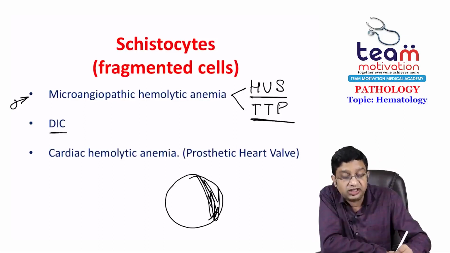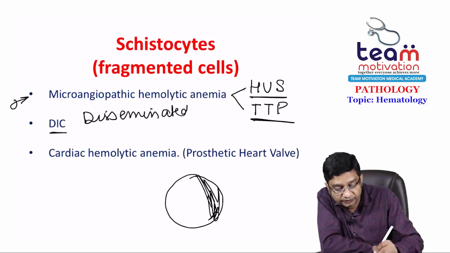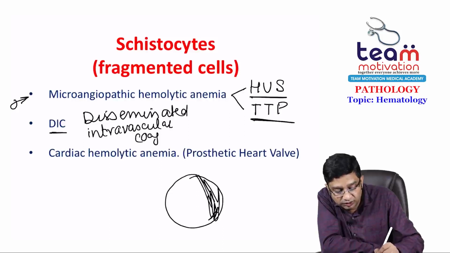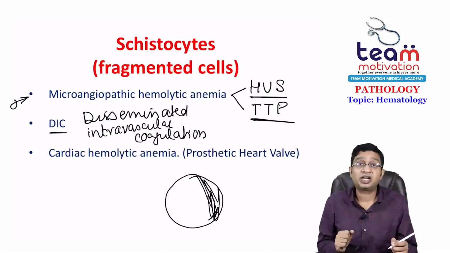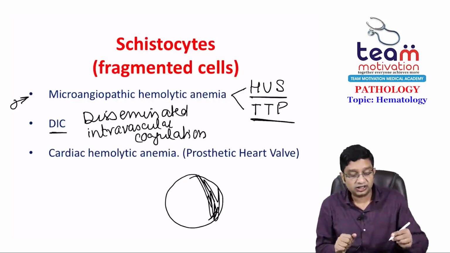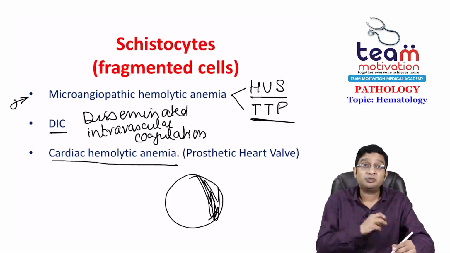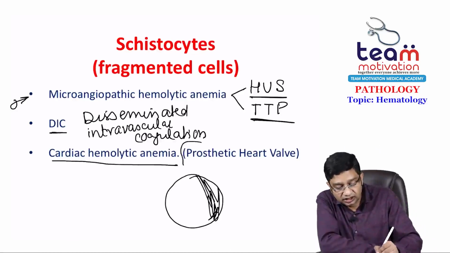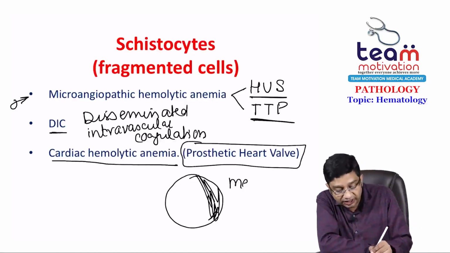Then it is seen in DIC. DIC stands for disseminated intravascular coagulation. So in the case of DIC, you get fragmented RBCs, which are called schistocytes. Then it is seen in cardiac hemolytic anemia. Cardiac hemolytic anemia means there is a prosthetic heart valve which is metallic.